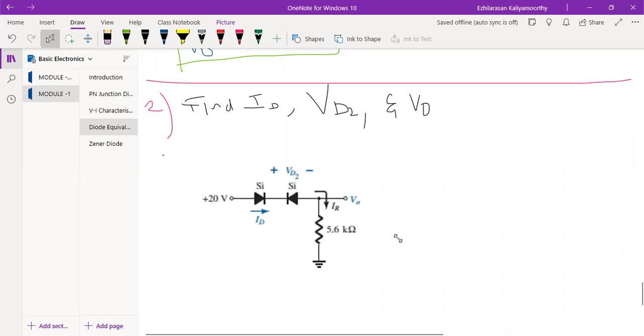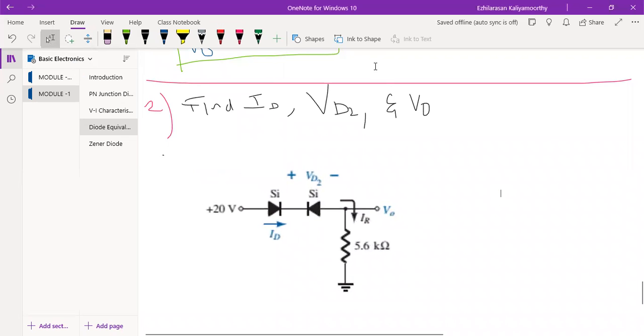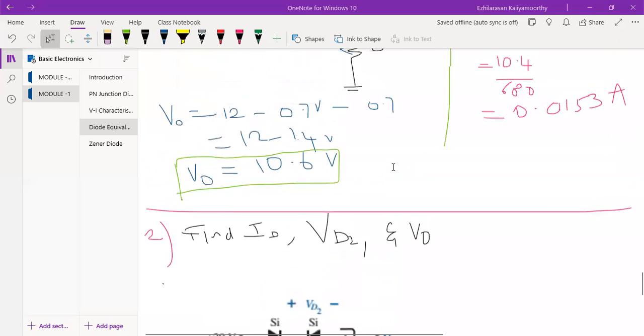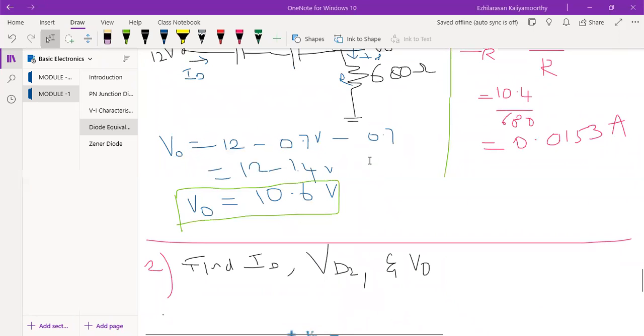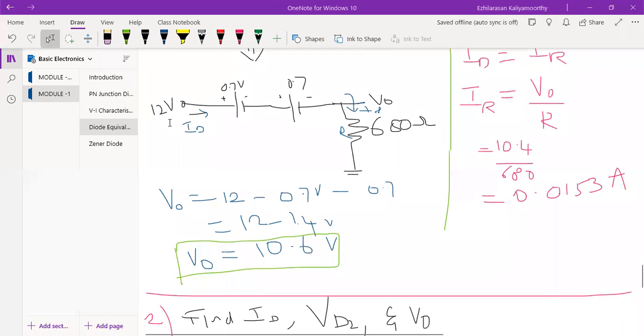This is numerical, so attack it. V naught is 1.6 and IR is 0.015. This is 12 volt, keep it in mind. This will be 0.7 drop across each diode. So V naught is nothing but the total drop: 12 minus 0.7 minus 0.7, that is 12 minus 1.4, which is 10.6 volt.